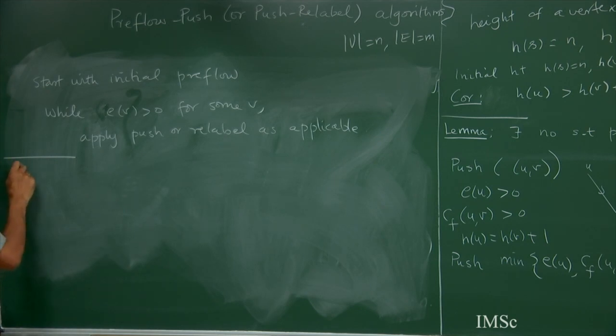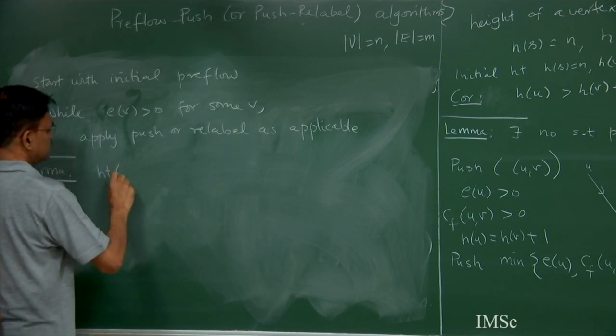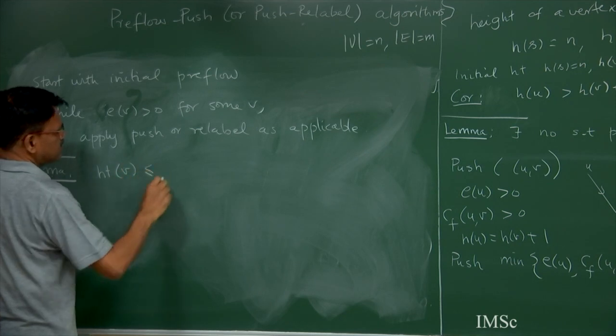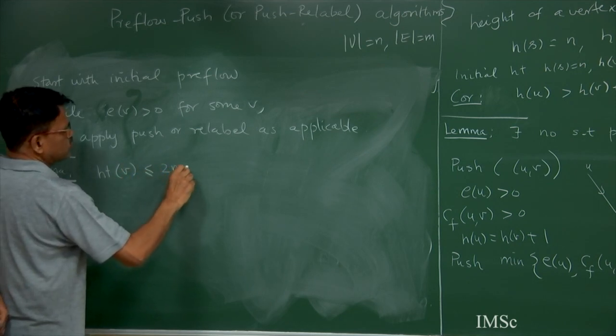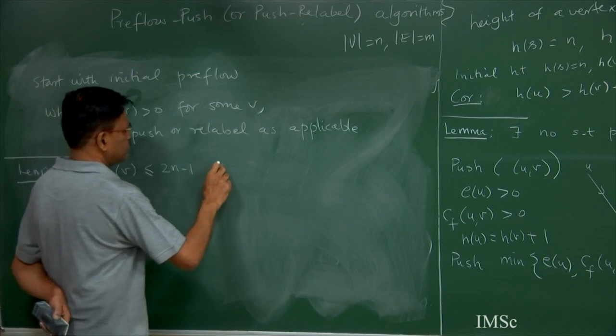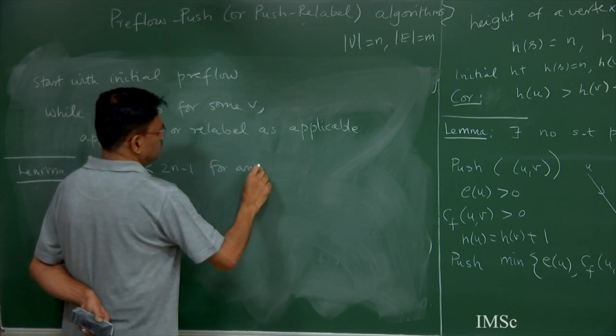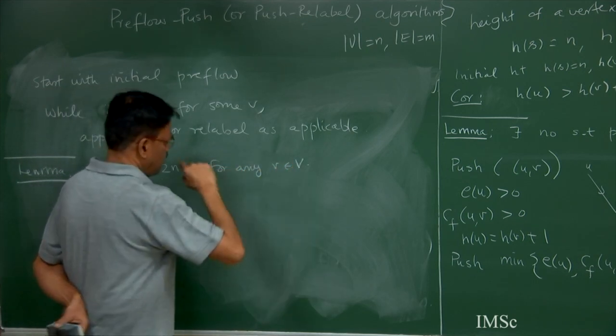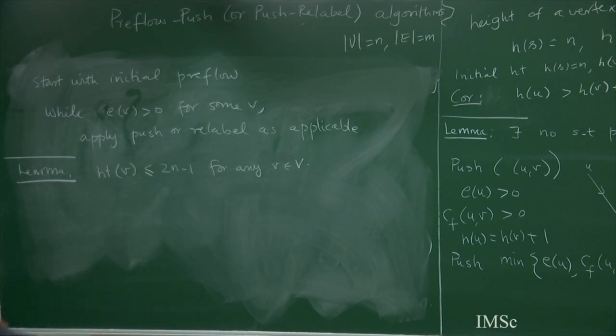Okay, so towards that, the height of any vertex is at most 2n minus 1. This is something again we proved last time.